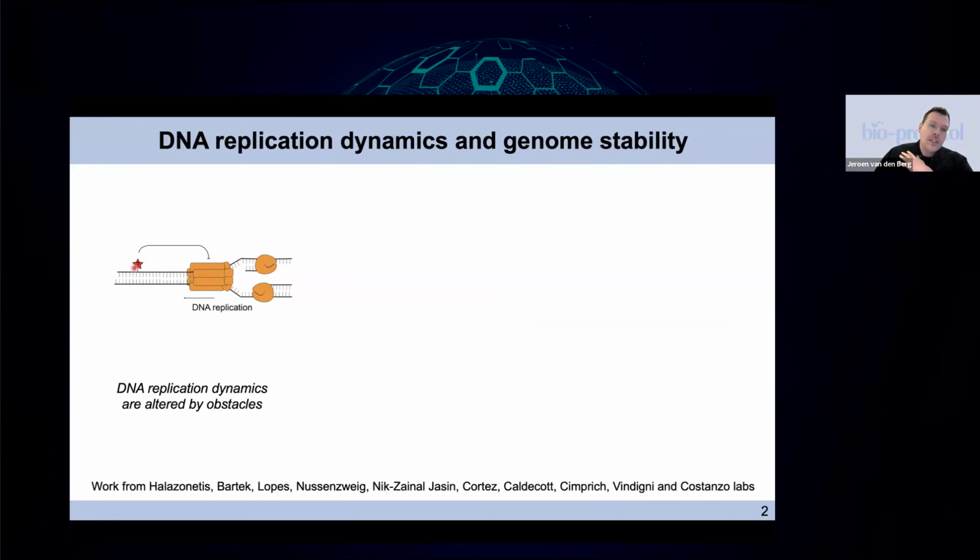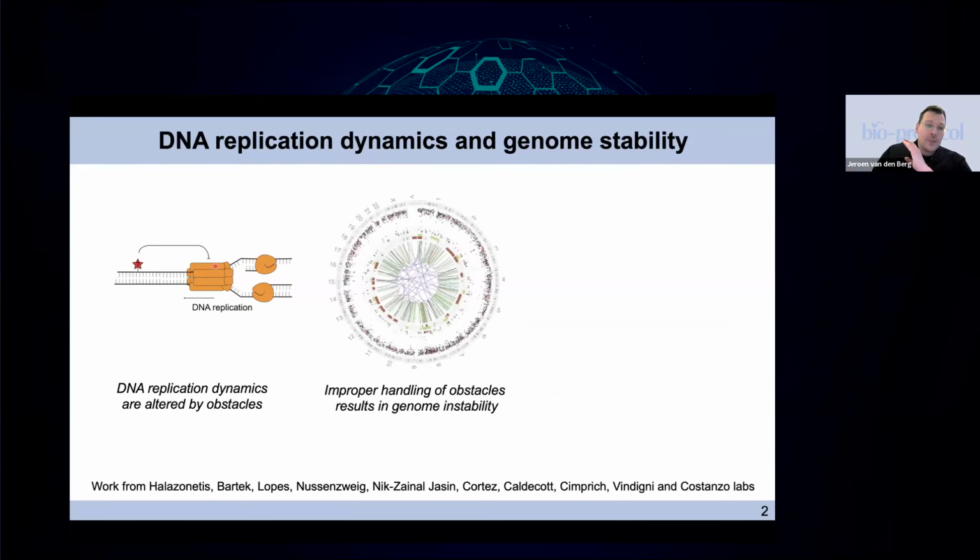So intrinsically, these obstacles affect the rate at which the DNA replication machines can progress over the genome. We know from work from many different labs that if you do not properly handle these obstacles, you get massive genome instability, as depicted here with these lines being translocations between different chromosomes, and these green and red bars indicating amplifications and deletions.